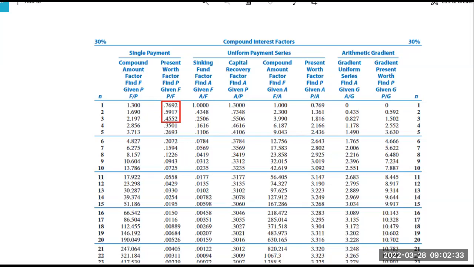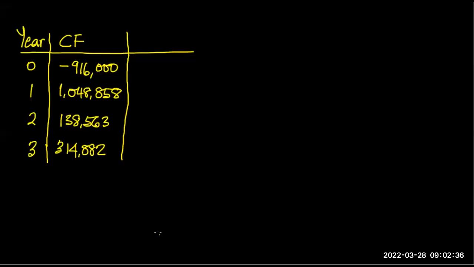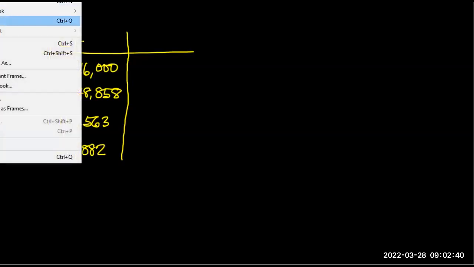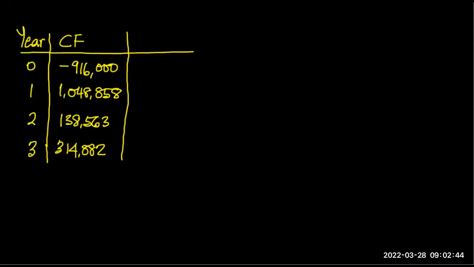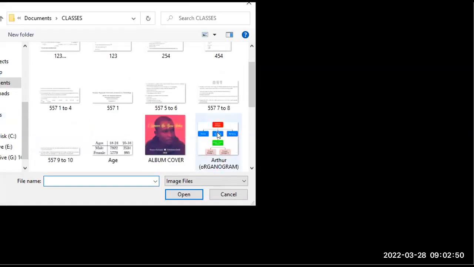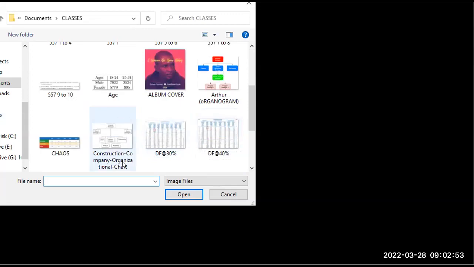Right, so I can even import it here. Let me bring it here. File, add image. Okay, 30%, it's here.